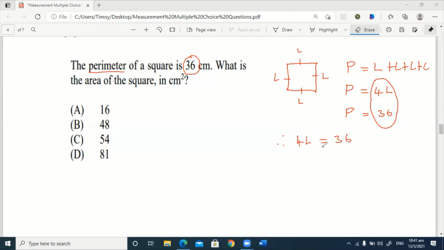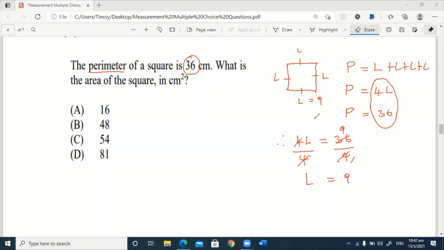From this equation we can solve for L. We divide both sides by 4. So 4 cancels out 4, leaving L, and 4 into 36 gives 9. So the length of one side of the square is going to equal 9.